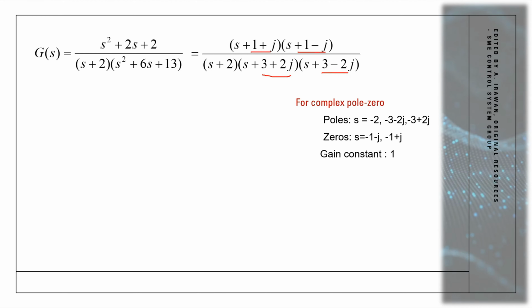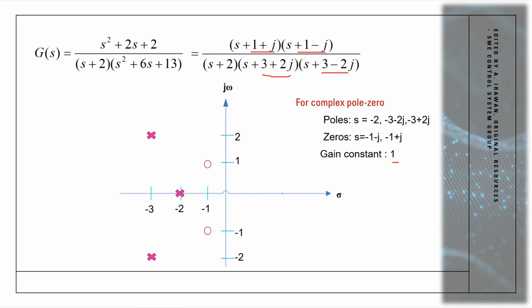The gain is 1 because no gain is written here, unless when you simplify you come up with a constant other than 1, which then becomes the gain. Then we can get the coordinates for the poles and the zeros. Simple.